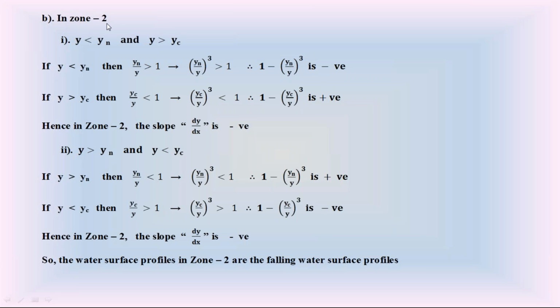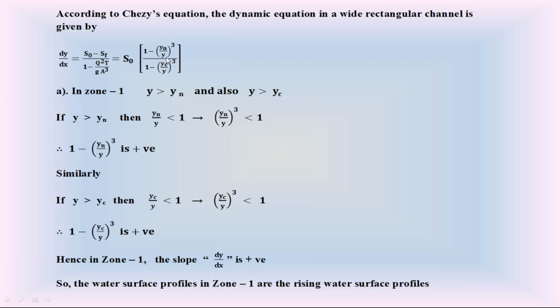So in this zone 2, when y is less than yn and y is greater than yc, 1 minus yn by y whole cube is negative, but 1 minus yc by y whole cube is positive. So overall dy by dx is negative because this numerator is negative.